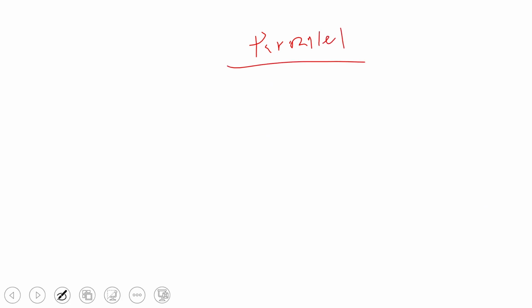Now, one interesting thing is that for things to be in parallel, the same voltage is across them. That is how you get to know whether two things are in parallel or not.